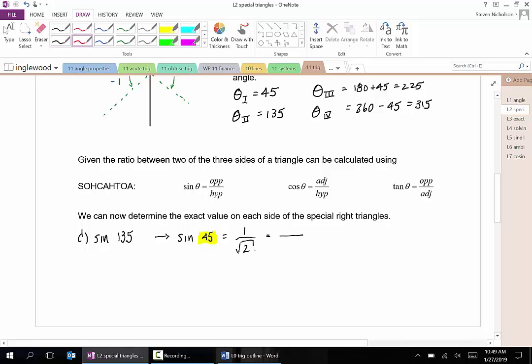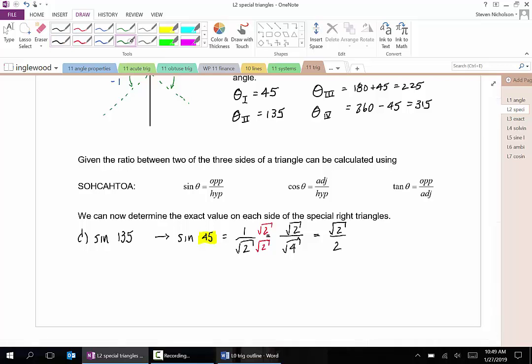So if we want to rationalize the denominator, which just means no radical in the denominator, we just have to remember the fact that if we simply multiply by whatever's in the radical, we can get rid of the radical, because the square root of root 2 times the square root of root 2 is the square root of 4. So let me just do that step. That's the square root of 4. And the square root of 4 is simply 2.